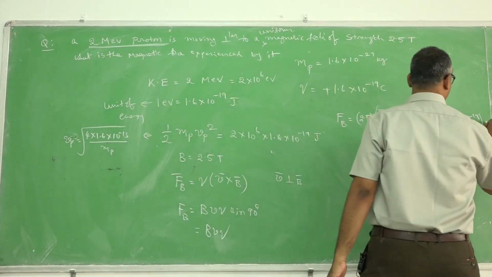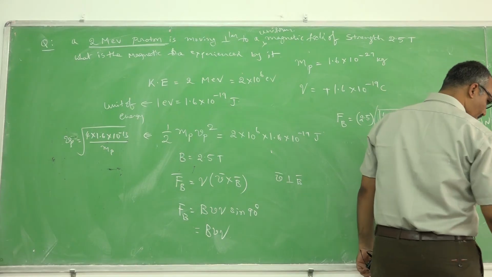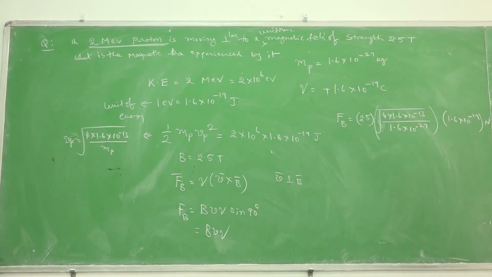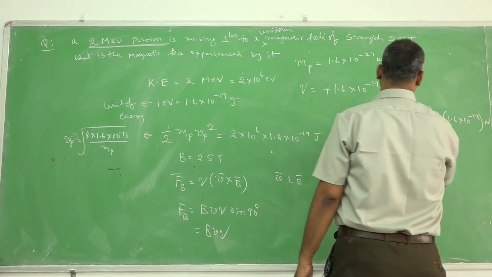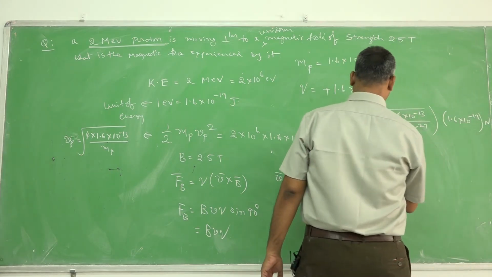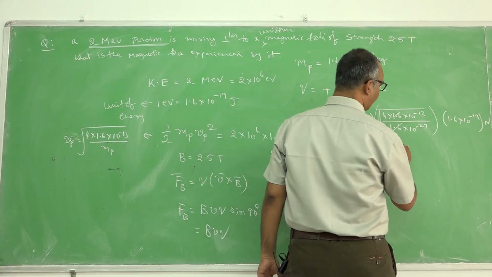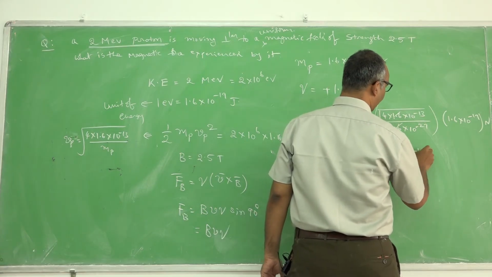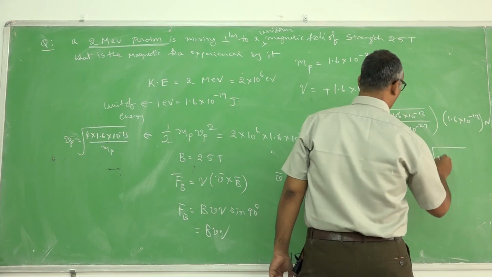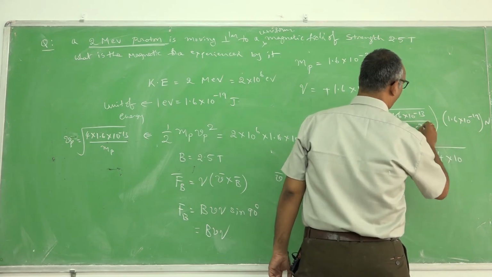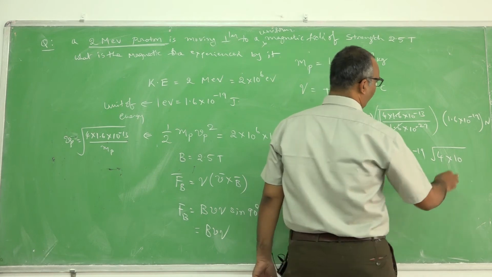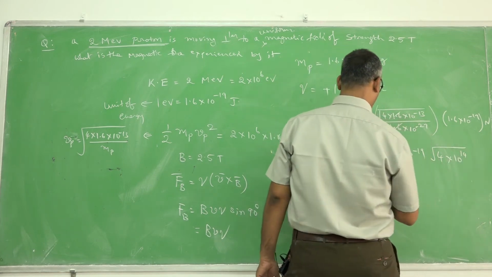You need to simplify this. So on simplification, this 1.6 and this 1.6 will get cancelled. So you are having 2.5 into 1.6 into 10 power minus 19 over there into root of 4 into 10 power 14, 10 power 14.